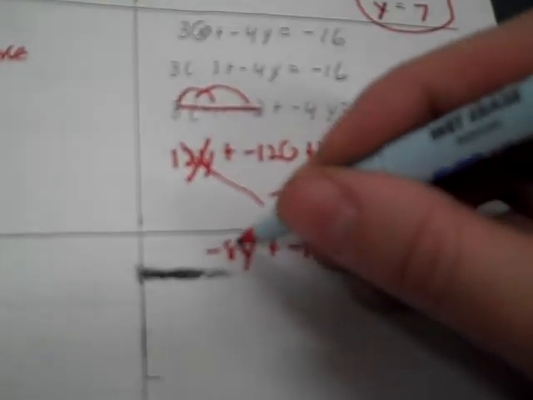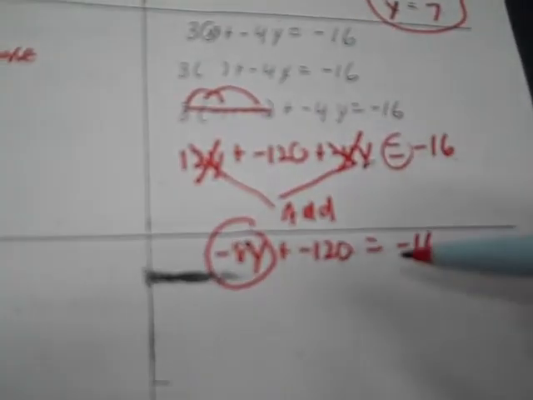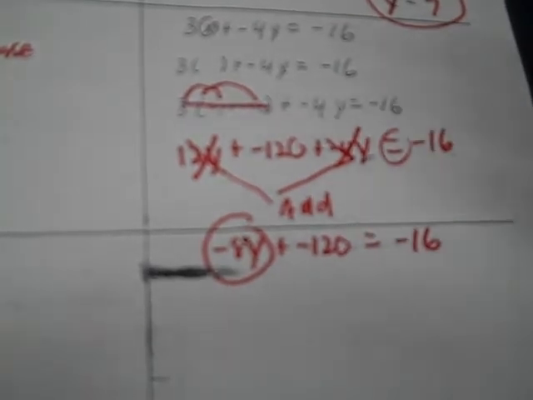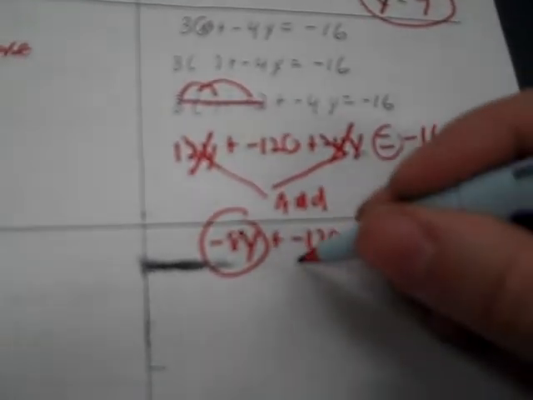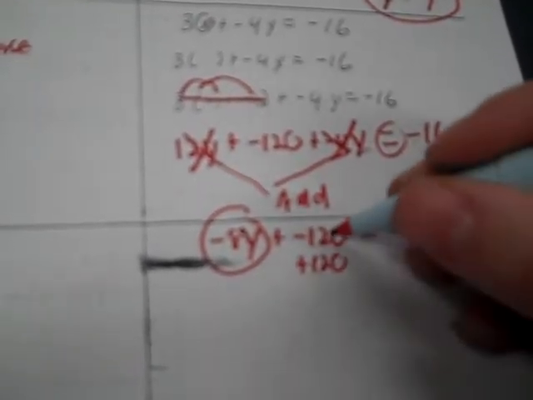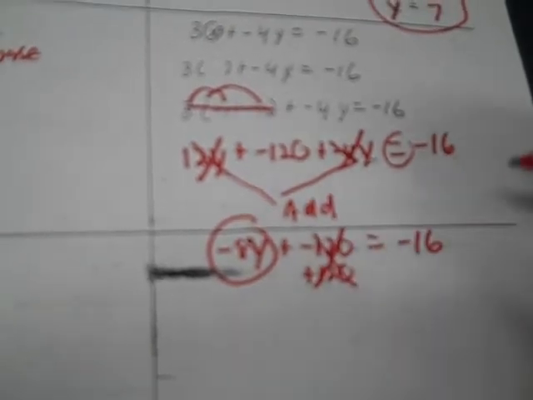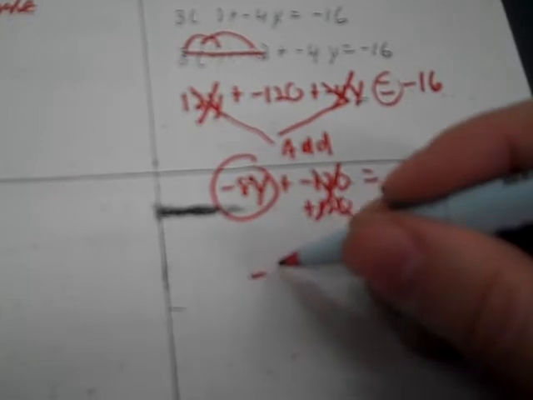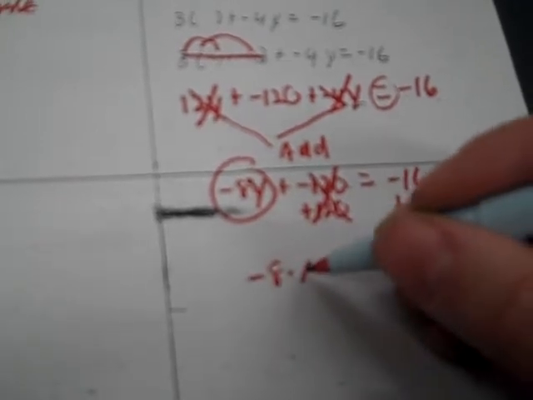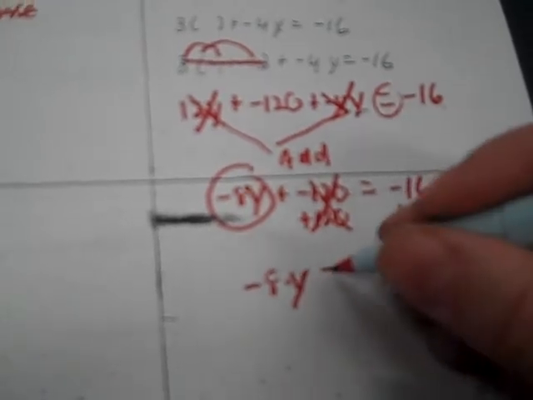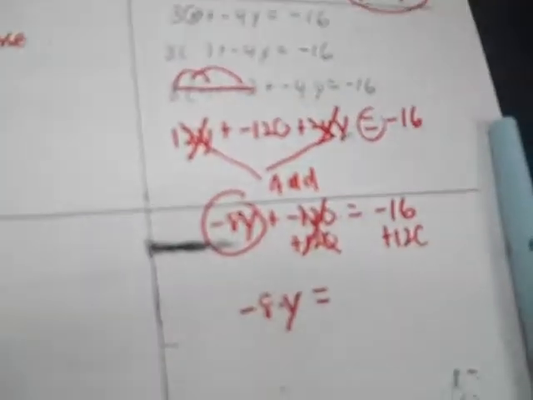Okay, so now that I can dot the only y that I have, a negative 120, if it's negative, you want to plus it. So plus 120. So I have 8 dot y equals, and I take negative 16 plus 120, and that's 104.